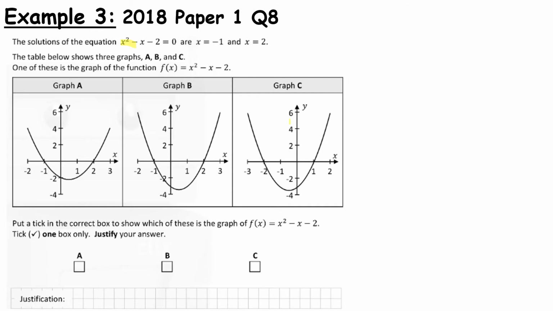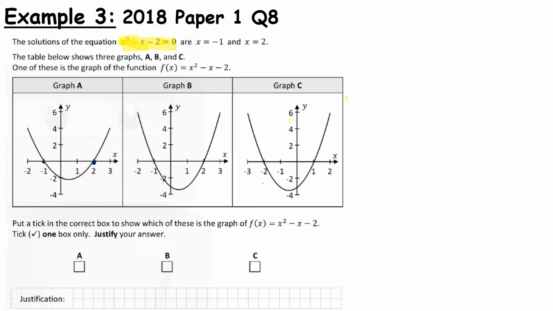The equation is x squared minus x minus 2 equals 0. They told us that the solutions to this equation were x equals minus 1 and x equals 2. These are the roots. And if you look at our graphs, we should be able to see that the roots are x equals minus 1 and x equals 2.